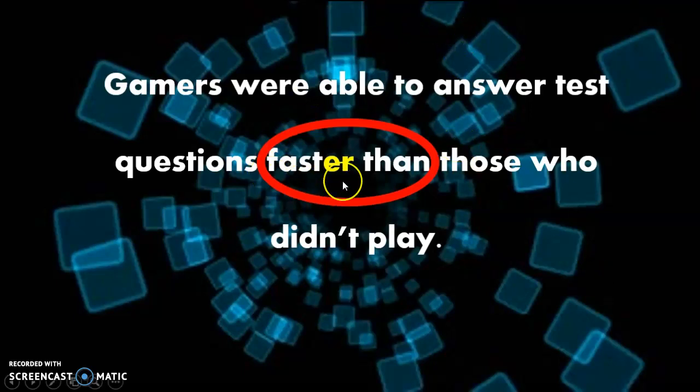Here, faster is a short adverb, so we add just er to compare. Who answers faster? Gamers or those who didn't play. We are comparing who answers faster.